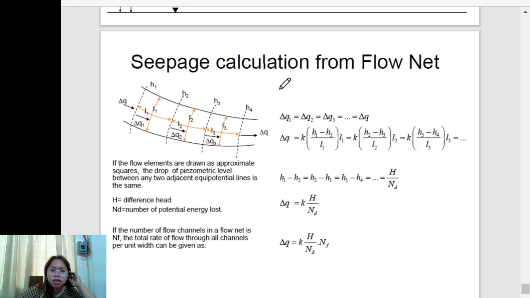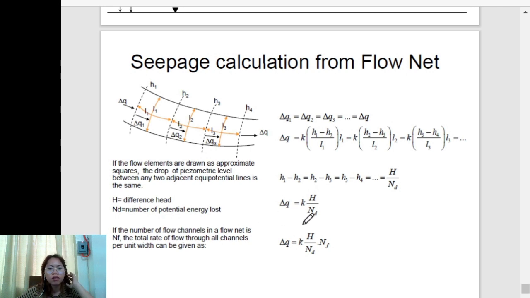So for the seepage calculation from the flow net, if the flow elements are drawn as approximate squares, the drop of piezometric level between any two adjacent equipotential lines is the same. H is the difference in head, and N sub D is the number of equipotential drops.